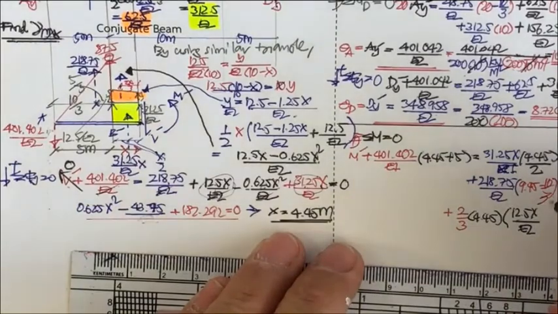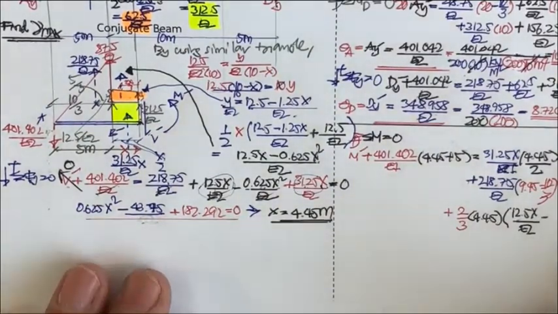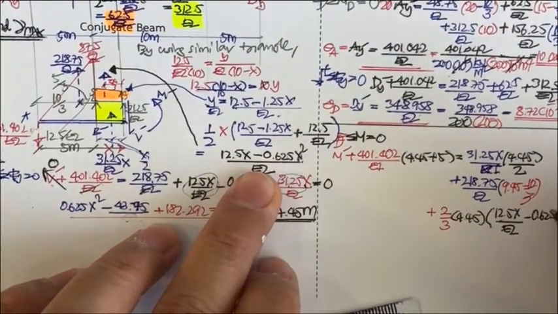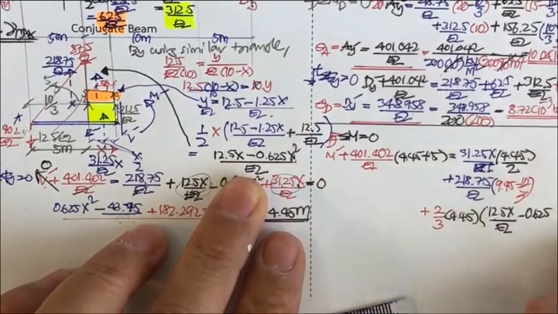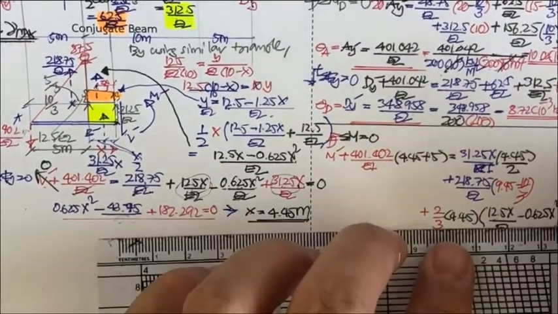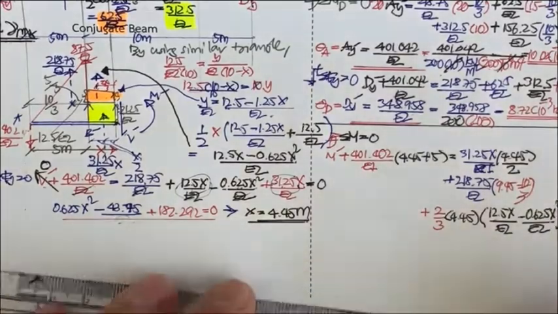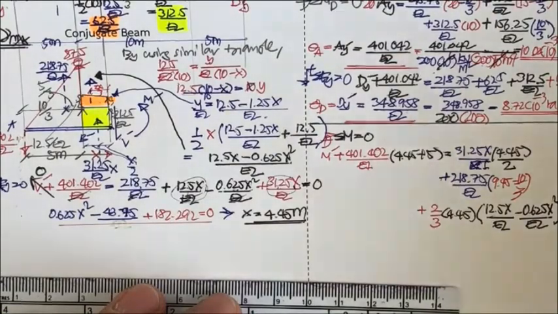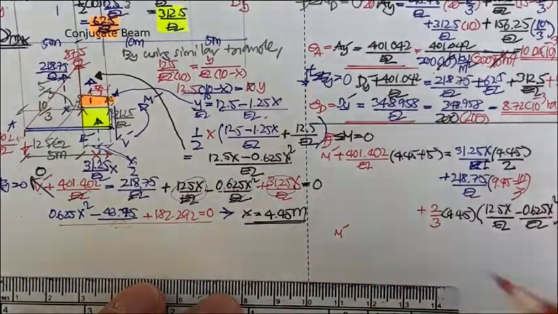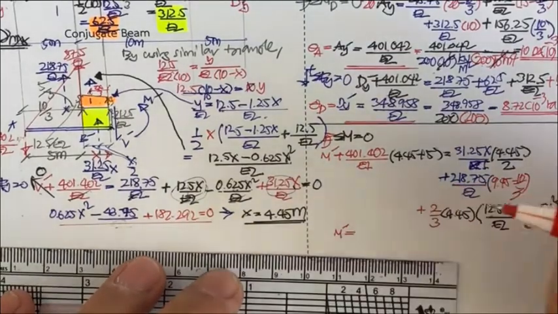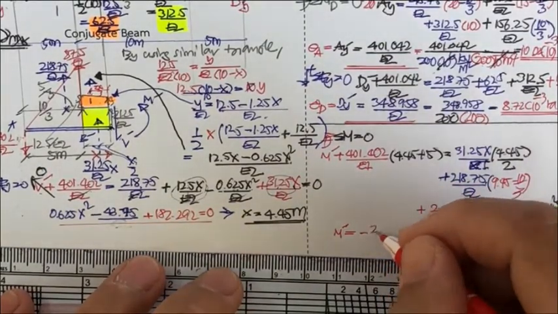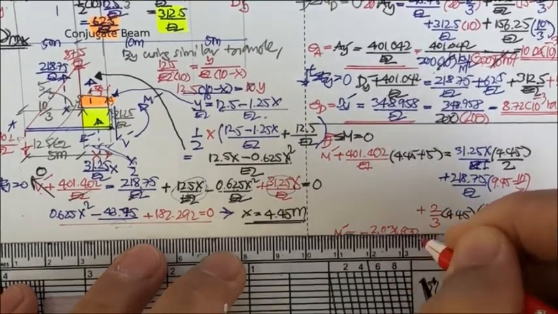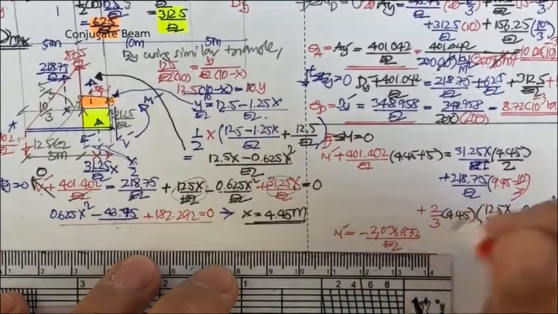and then you minus what? Minus 0.625, and then x squared, divided by EI, and then you've got to do it very carefully, and you will get the M palm equal to minus 2036.932 divided by EI.